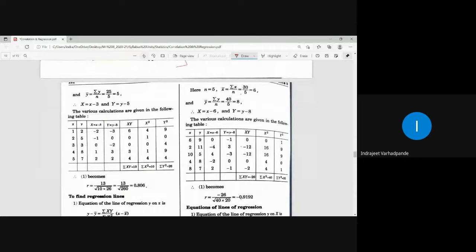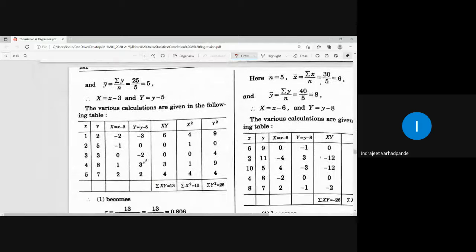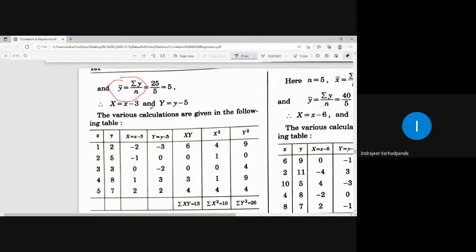Similarly, I calculate y bar, which is summation y upon n. Take the sum of all the values of y and divide by the number of observations, 5. So 25 by 5 is equal to 5.